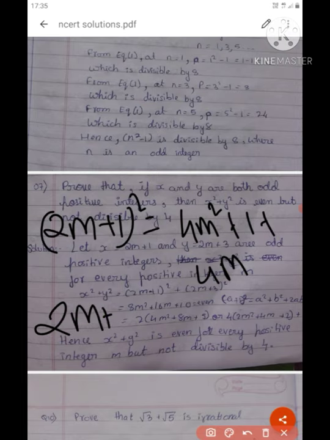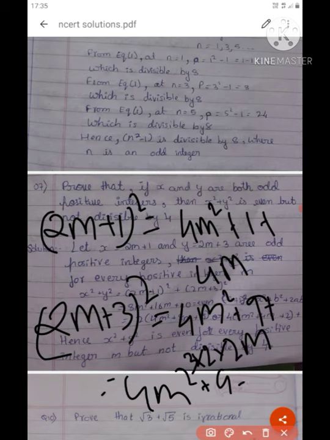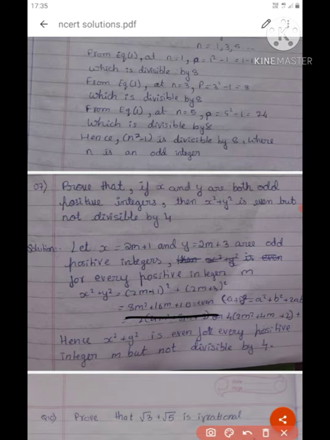Then 2m plus 3 whole square can be written as 4m square plus 3 square, 9, plus 3 into 2 into 2m, which is nothing but 4m square plus 9 plus 12m. So 2m plus 1 whole square plus 2m plus 3 whole square is nothing but 8m square plus 16m plus 10.